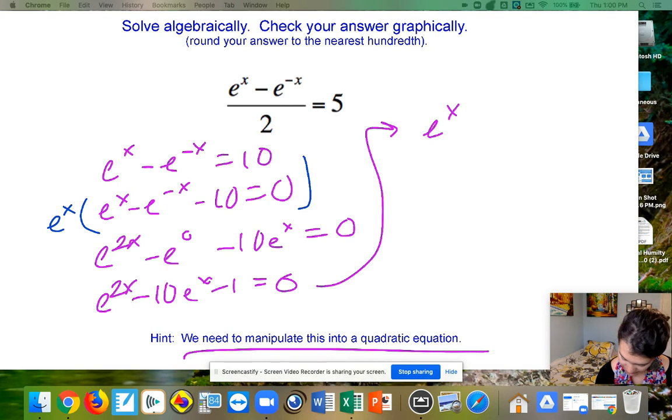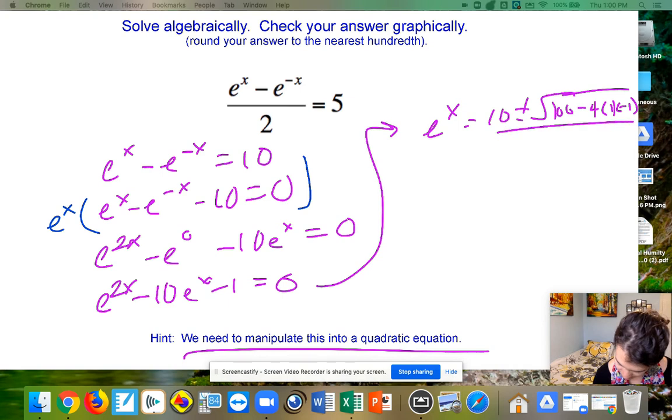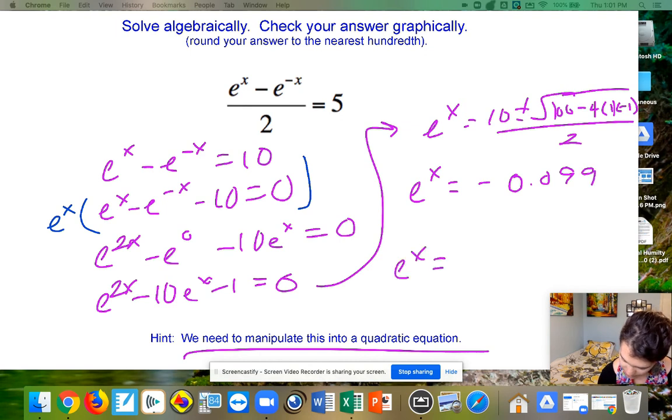So we have e to the x equals negative b, so 10, plus or minus square root of 100 minus 4 times 1 times negative 1, all over 2. So just type this into a calculator. You'll get e to the x equals negative 0.099, and e to the x equals 10.099.